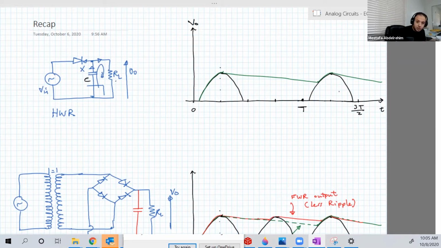Then we added the capacitor. The capacitor charges, then discharges until it reaches that point here. So it will recharge again and then redischarge and so on and so forth.